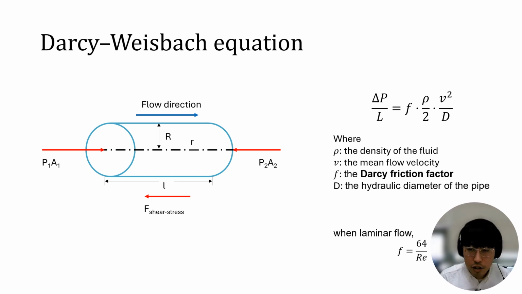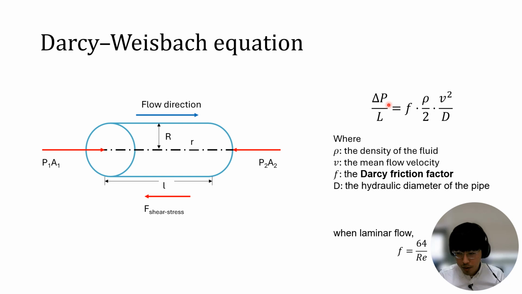So in the equation, basically, it's the pressure loss over the unit length of the pipe. So let's say the fluid moves 1 meter within the pipe, then the pressure at the beginning and the pressure 1 meter after are going to be different.